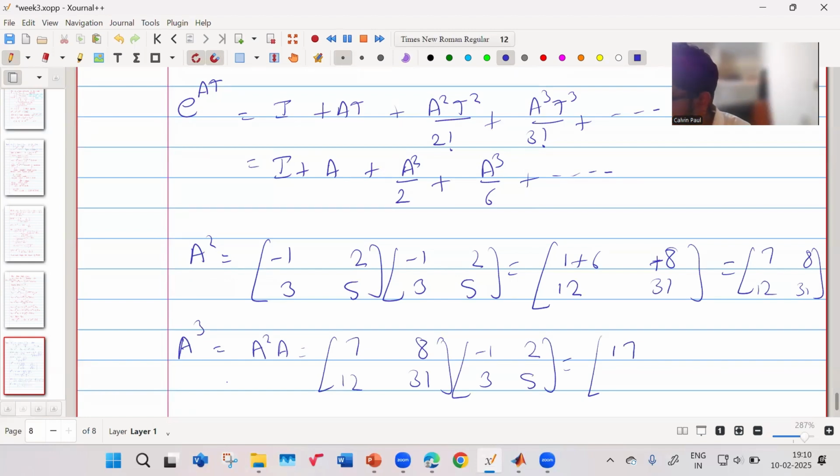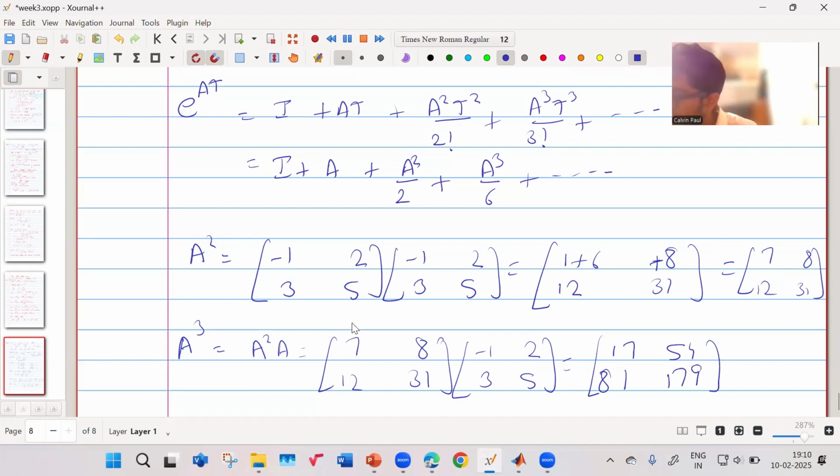Then 7 into 2 plus 8 into 5: 14 plus 40 is 54. 12 into minus 1 is minus 12, plus 3 into 31 is 93, so 93 minus 12 is 81. Then 12 into 2 is 24, plus 31 into 5 is 155, plus 24 is 179. So this is what we got our A cubed to be.